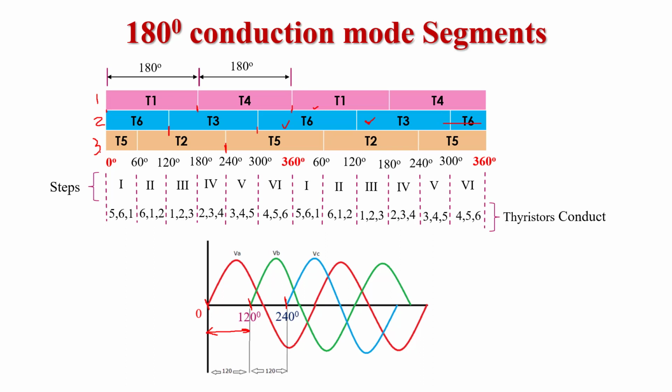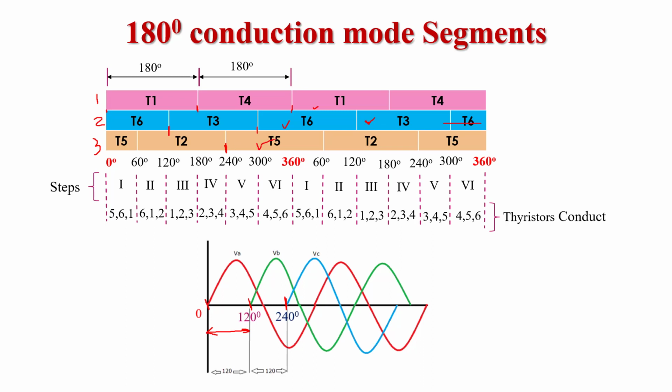As I have already told, in the case of a 3-phase power supply, the phase C thyristor will start conducting from 240 degrees. If phase A starts conducting from 0 degrees and phase B from 120 degrees, then the phase C thyristor, T5, starts conducting from 240 degrees.